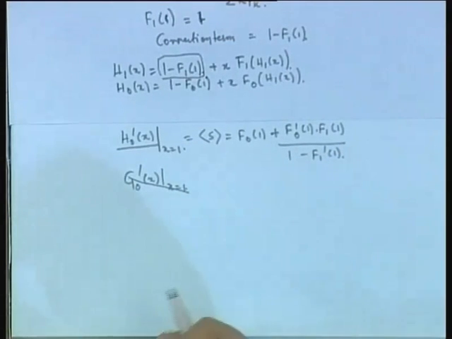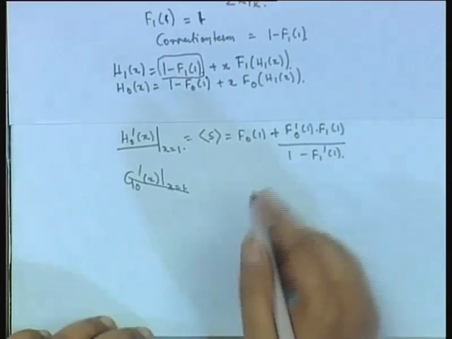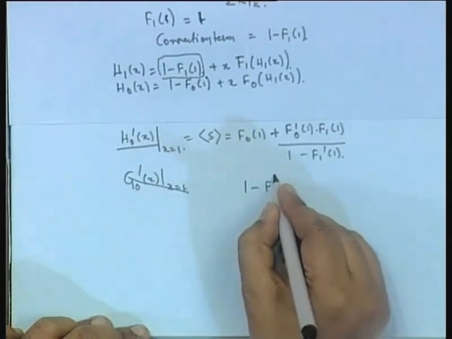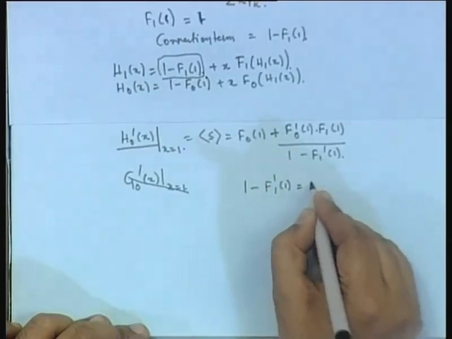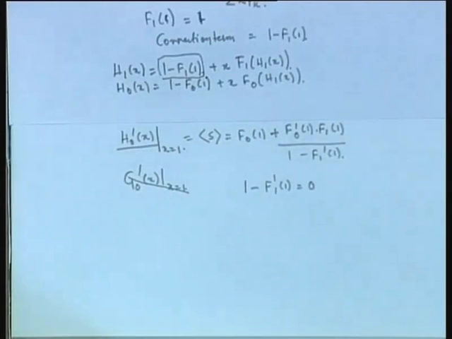So, now what more can we tell? That again 1 minus f1 dash 1 will tell us when the giant component will disappear.